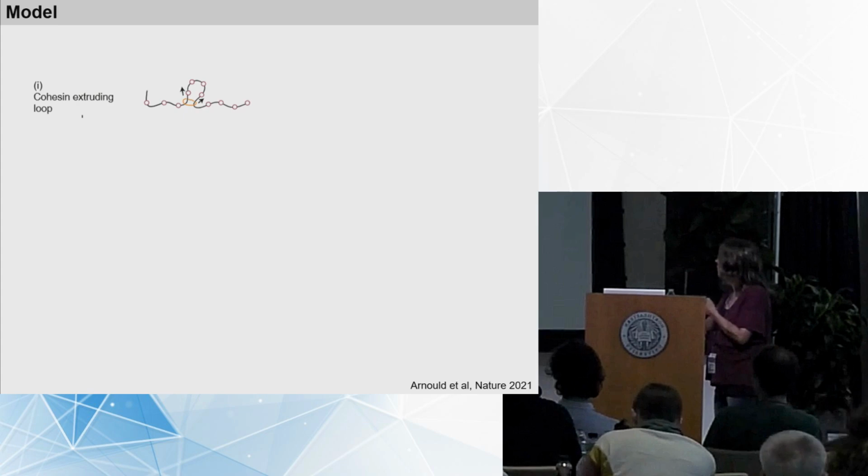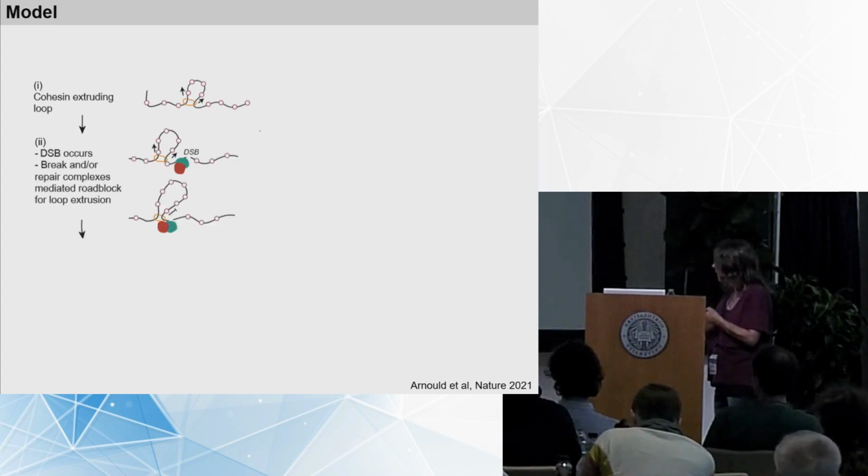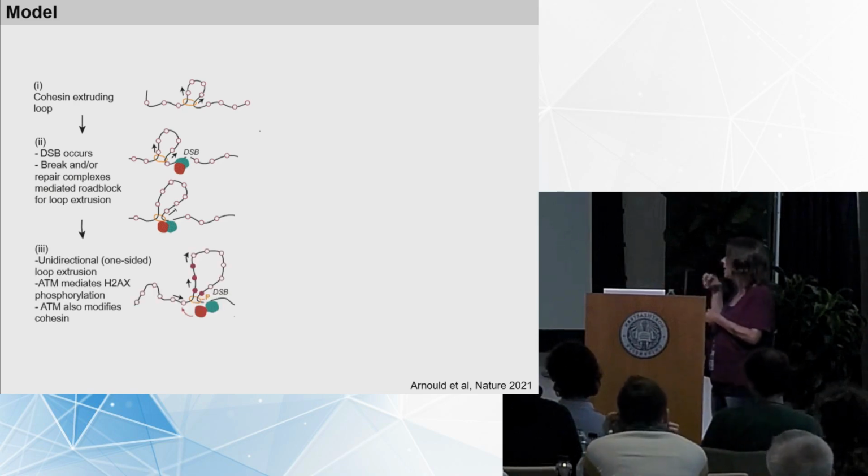So basically, cohesin keeps on extruding loops on the genome. Then what we believe is that it's going to block at the DSB where the ATM kinase is recruited. And the ATM kinase will be able to phosphorylate, loop extrusion will still go on one side, and the ATM kinase will be able to phosphorylate the H2AX-containing nucleosome as long as the loop is traveling close by to the break.